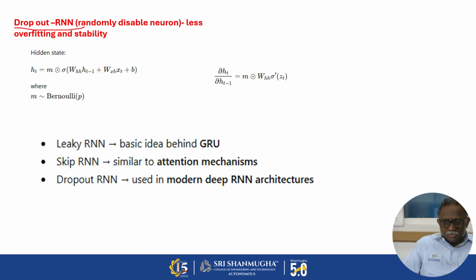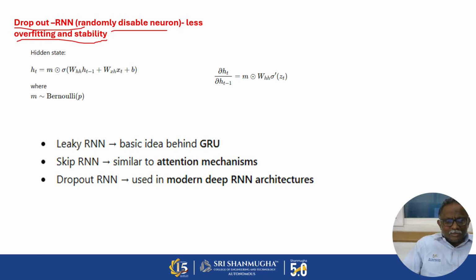The next one is dropout RNN. Dropout is something we come across in deep learning, where certain neurons in the architecture are deactivated. A similar thing is done in RNN, and it disables neurons. As a result, the architecture will have stability as well as fewer overfitting issues.